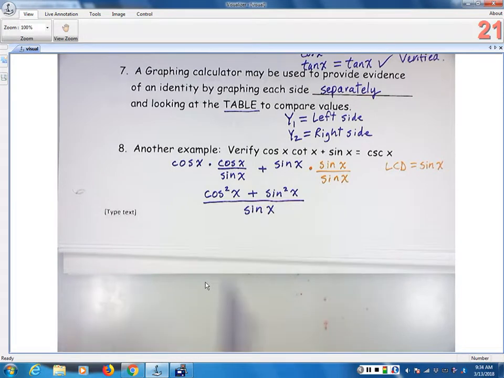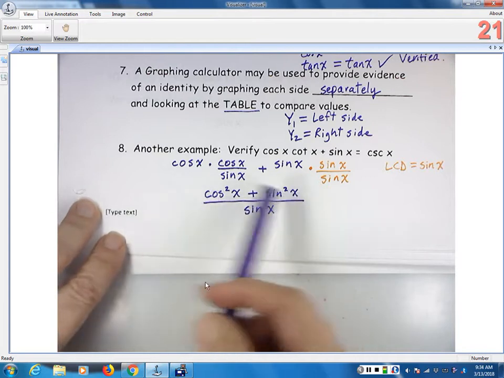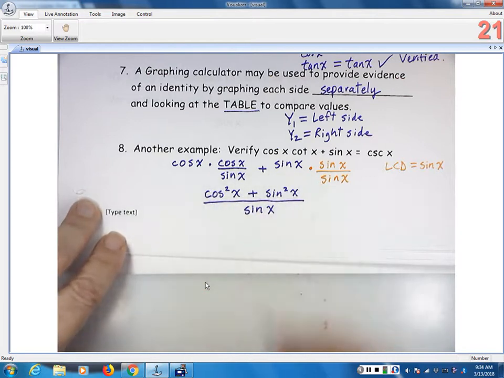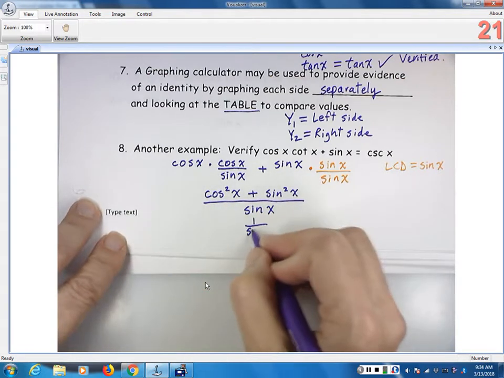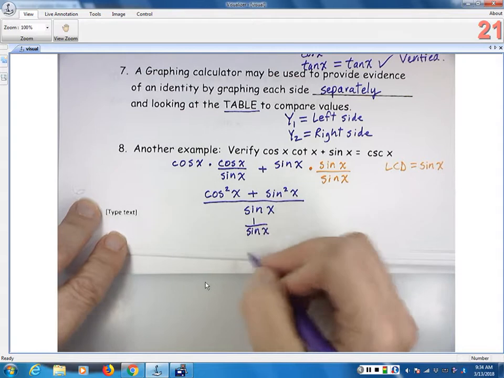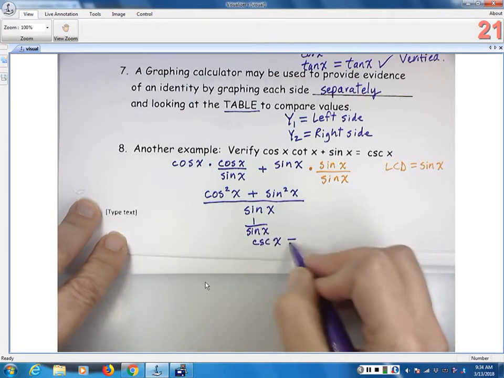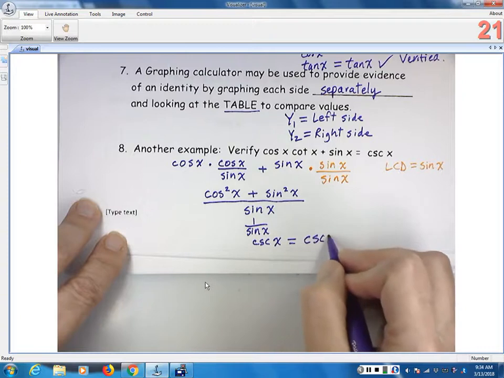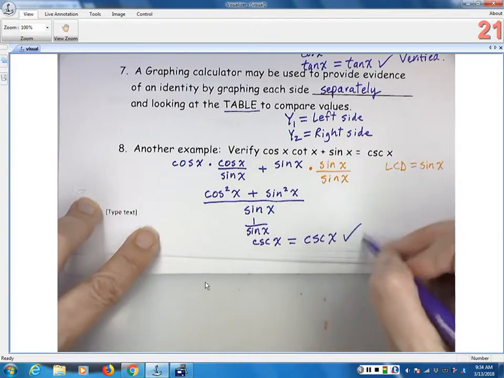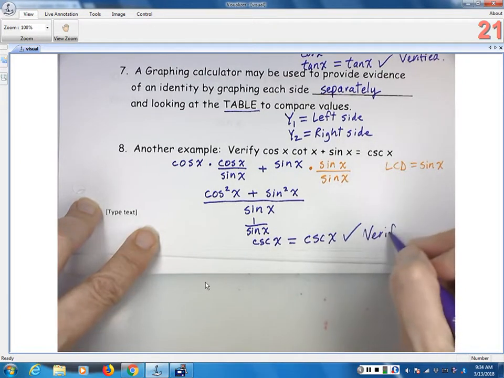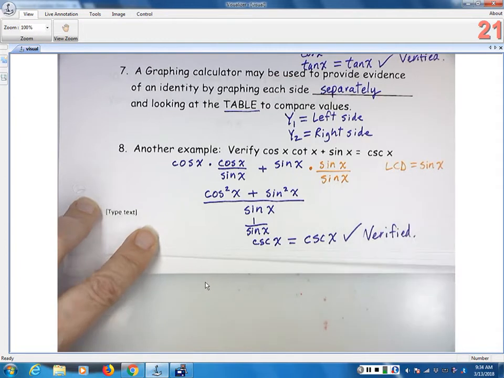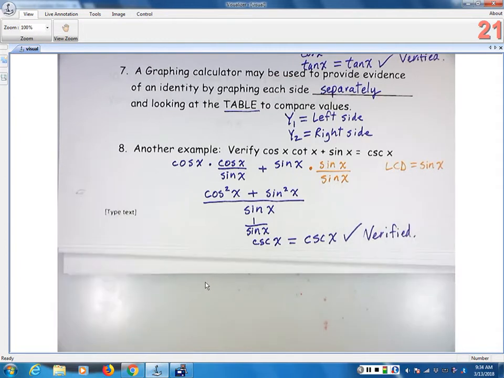Now this is the Pythagorean identity, and this equals what? 1. And 1 over sine x is cosecant x. And so that's verified. So we manipulated the more complicated side.